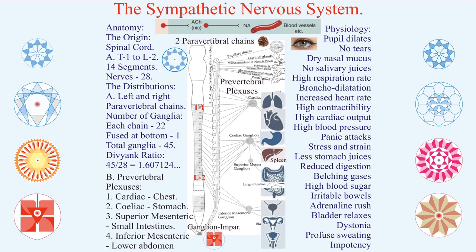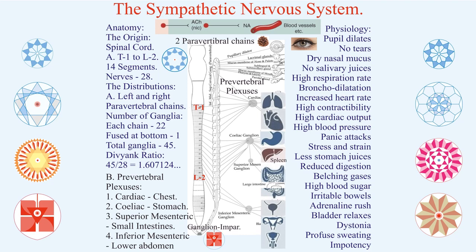Now this particular picture of the sympathetic is what I am going to explain step by step. In the cranial parasympathetic nervous system, you will find preganglionic neurons are long and postganglionic are short.